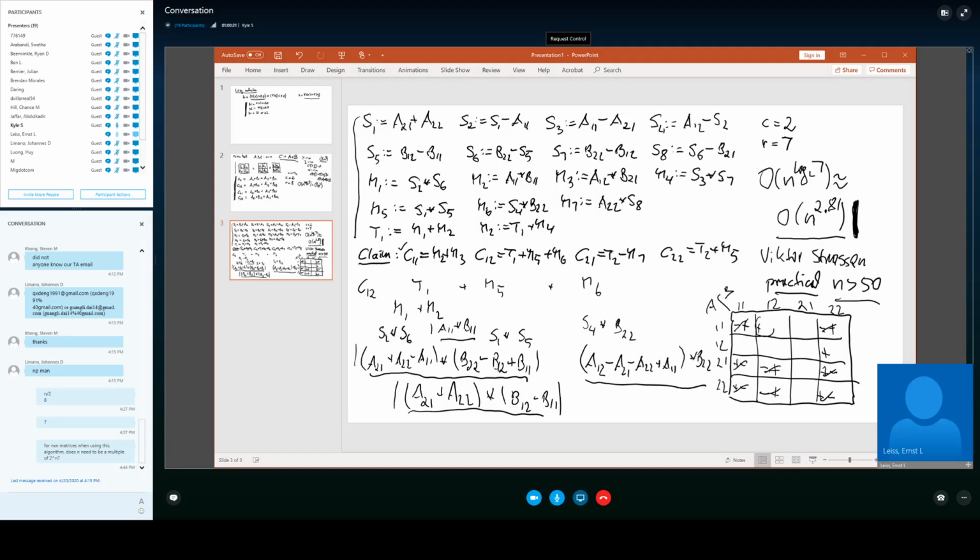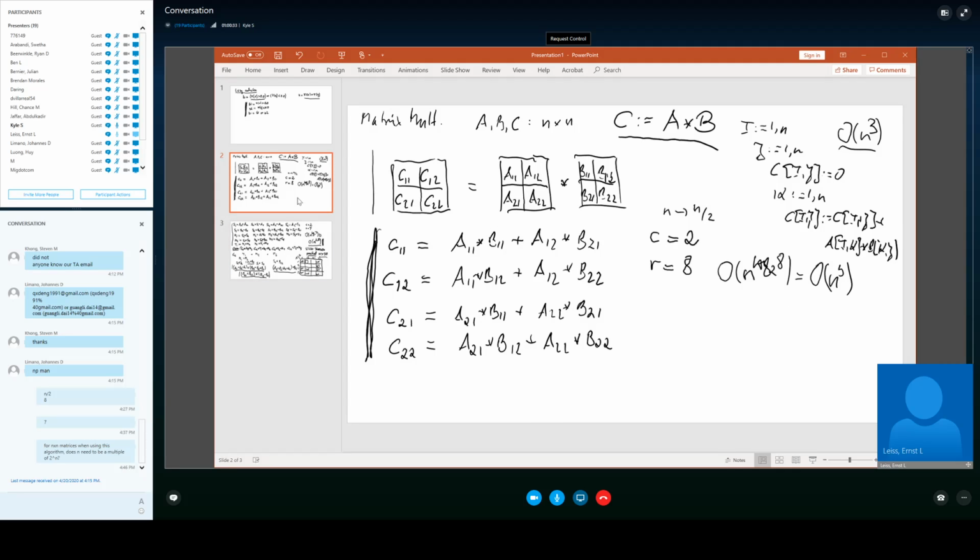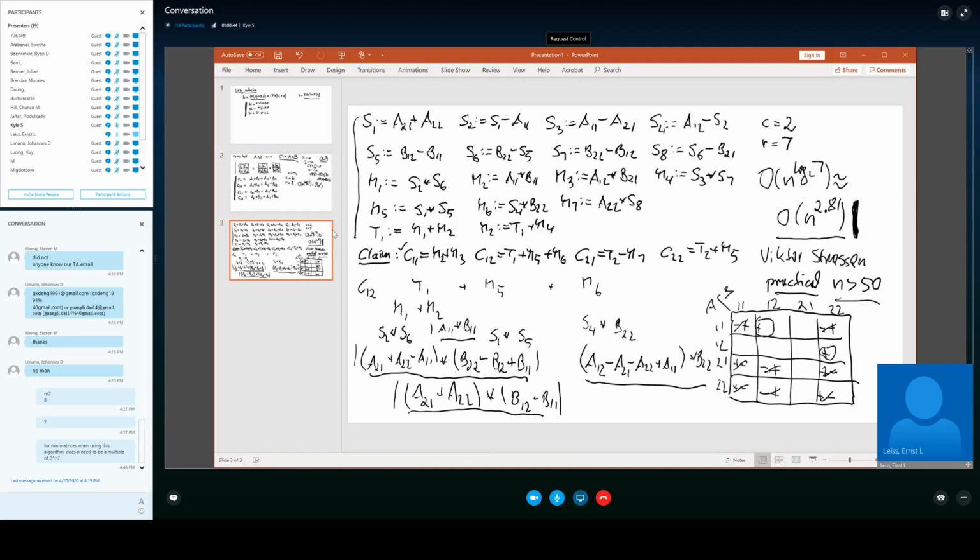So the only thing that's left is A11 times B12 and A12 times B22. And if you look at this, that is exactly A11 times B12 plus A12 times B22. So this is the C12. So we've verified that. Everybody clear on how we're doing that?